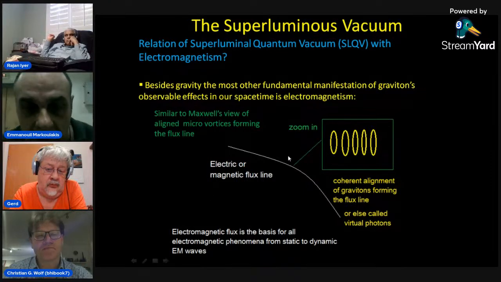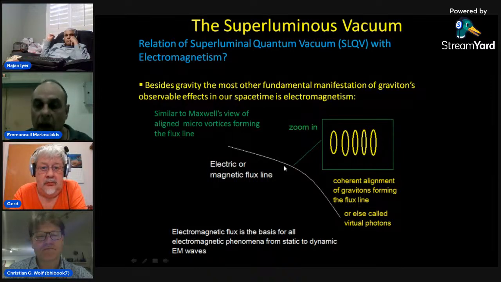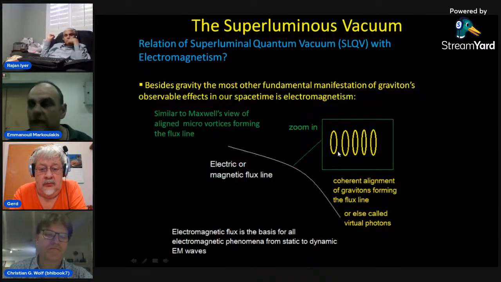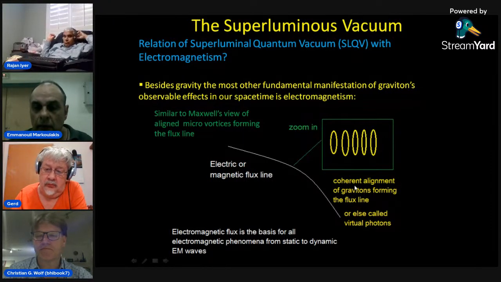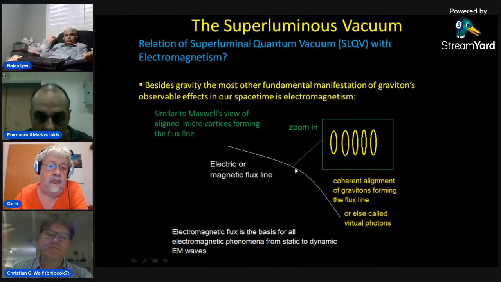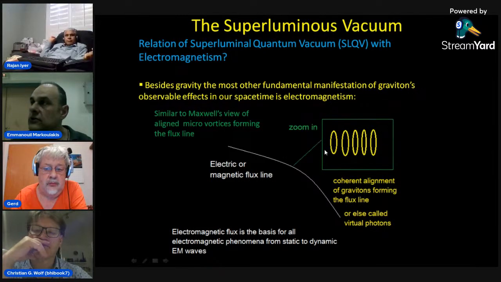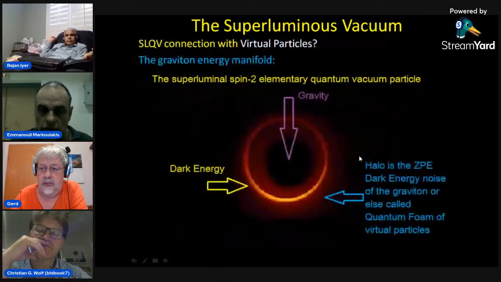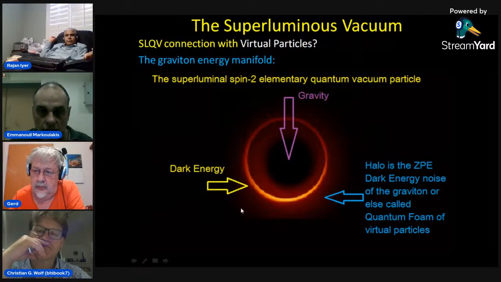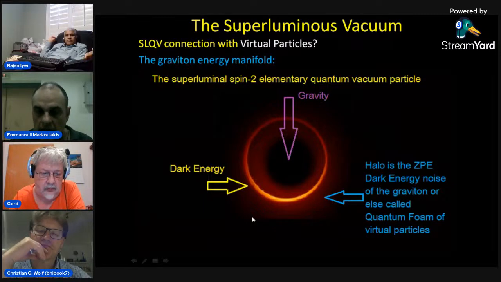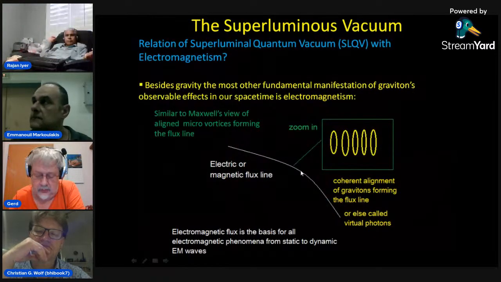But both fluxes, electric or magnetic, are made up of, according to my theory, gravitons, namely a coherent alignment of gravitons forming the flux line. So if we zoom in on this very small region, these are coherently aligned gravitons, and the noise of the gravitons, the zero-point energy of the gravitons, is actually creating the flux line.